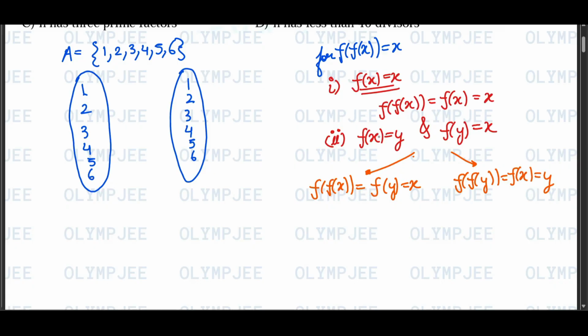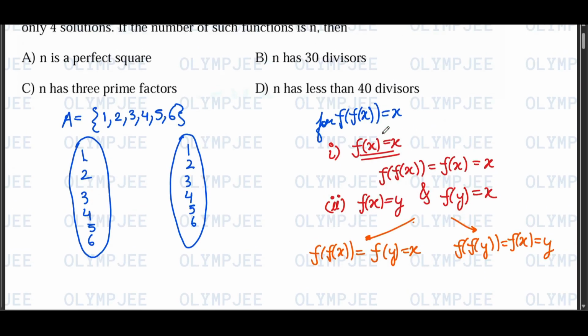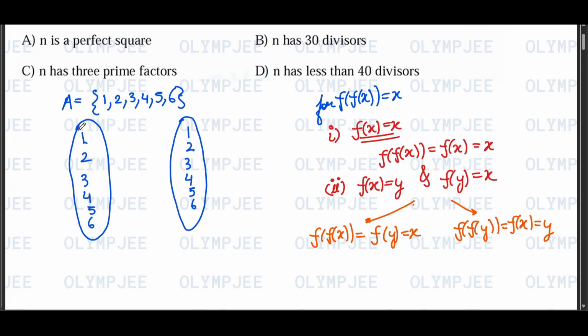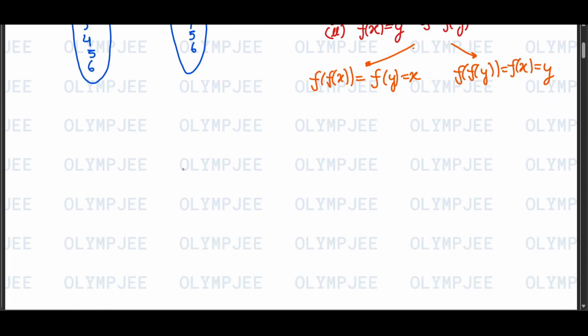So if we have this cross linking, then both x and y will satisfy this original thing. So let us solve this question. So first since this has only 4 solutions, then only 4 of these elements from the domain should satisfy either of the conditions. So let us first select 4 numbers.